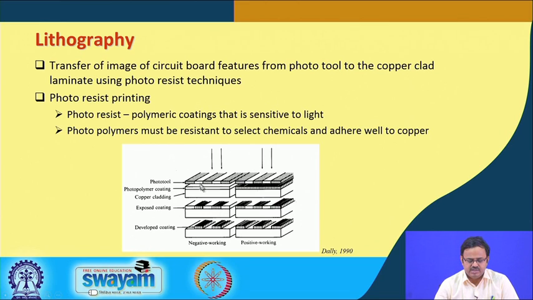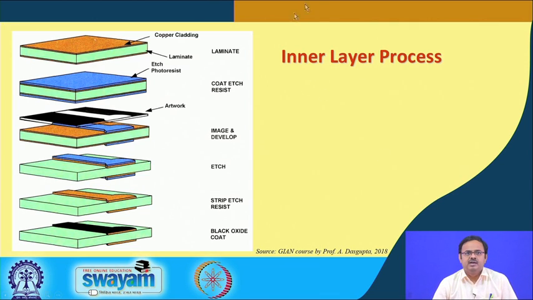Here also you see that in negative the portion that is exposed is retained, the rest is removed. In positive the portion that is exposed to UV light is removed, the rest is retained. Okay. So, depending on what you want to do, this is the lithography technique, but at least for motherboard which we saw before in the previous slide, what is used is negative photoresist, negative photolithography process.